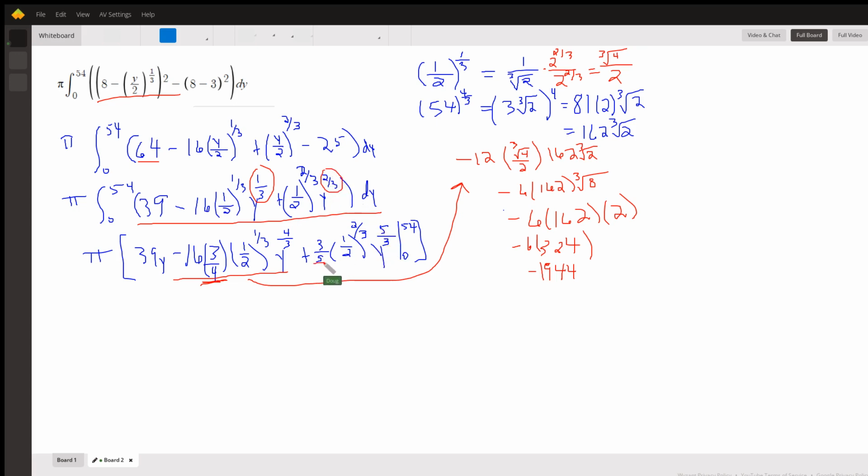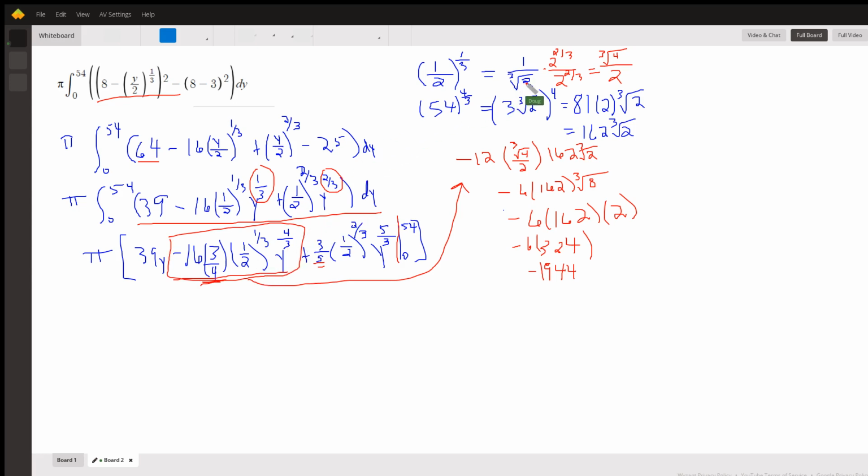Multiply by the reciprocal of the new exponent. And there's what we're evaluating from 0 to 54. Obviously, if we put zeros in for y, we'll just get 0. Now, I'm not going to do the whole thing here, but I want to just give you an idea of how to evaluate this second term when you put 54 in for y.